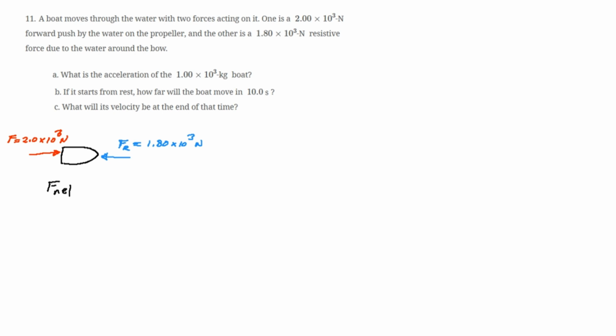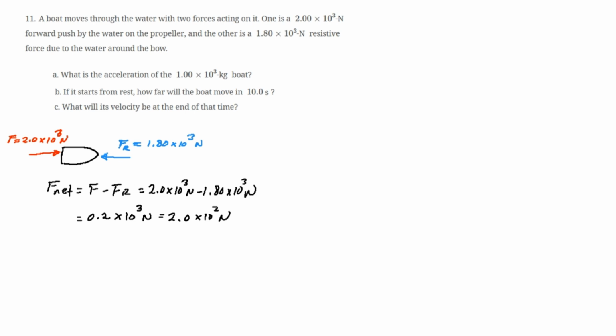There is F minus F sub R, which is 2.0 times 10 to the third newtons minus 1.80 times 10 to the third. So this would be 0.2 times 10 to the third newtons, which is the same as 2.0 times 10 to the second newtons. So basically, the unbalanced force that we have is 2 times 10 to the second newtons, or 200 newtons.